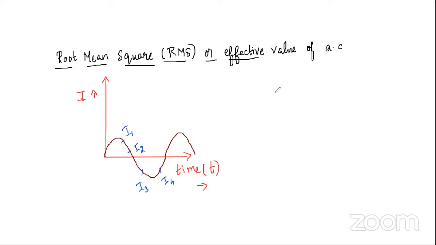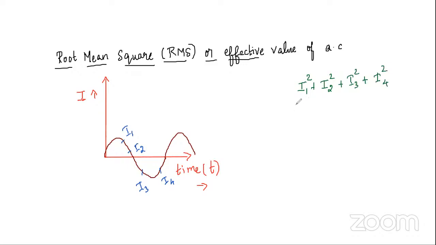After taking all these things, what I have to do? I have to take the square. So here you see, I1 square plus I2 square plus I3 square plus I4 square.